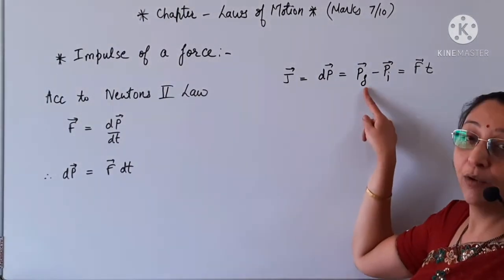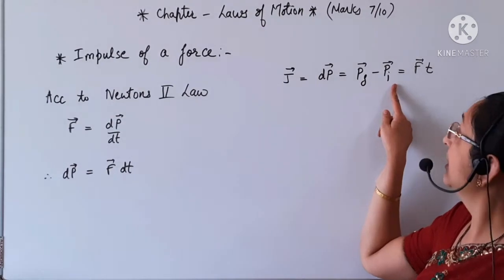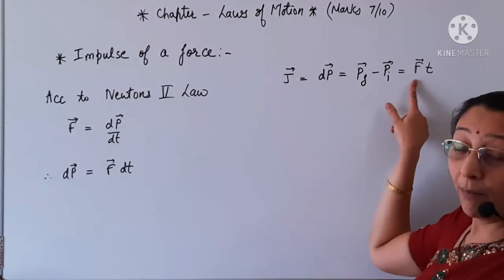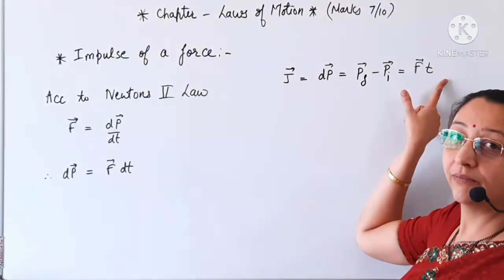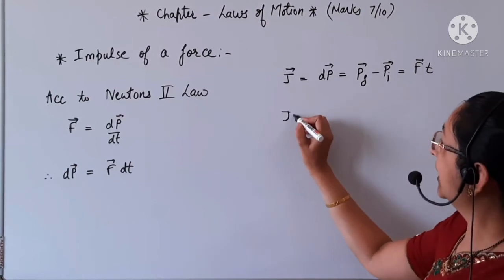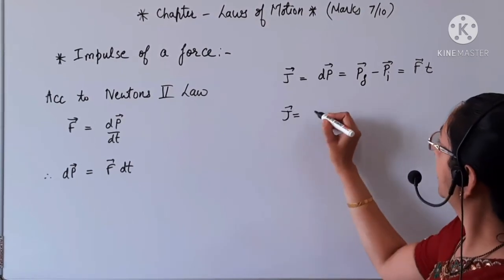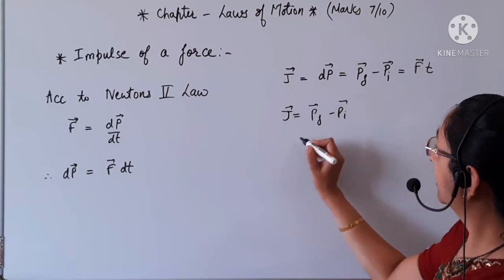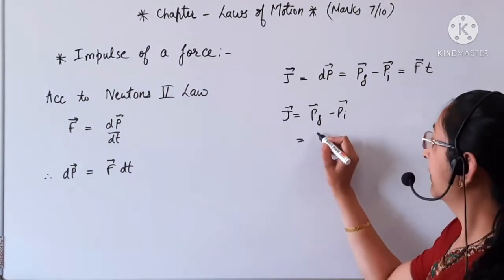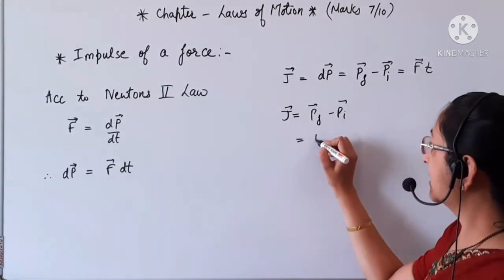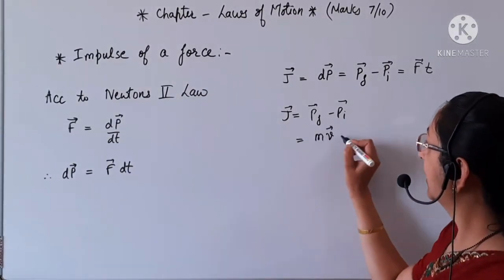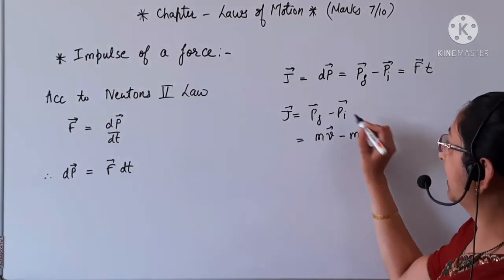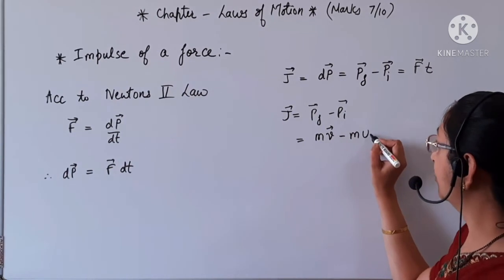That is the final momentum minus initial momentum, which is equal to F into t. So this J is equal to Pf minus Pi. Now Pf is the final momentum, that is m into v, and Pi is the initial momentum, that is m into u.